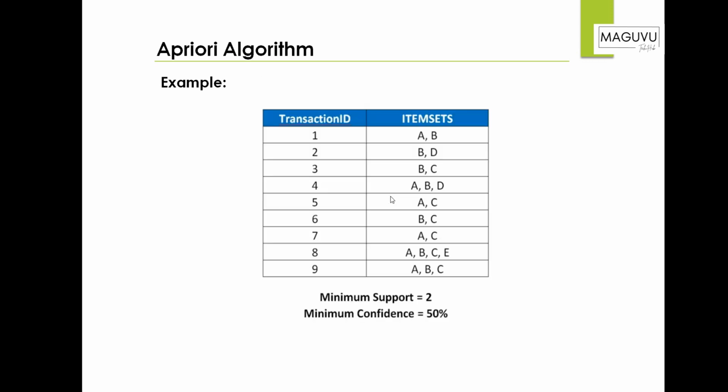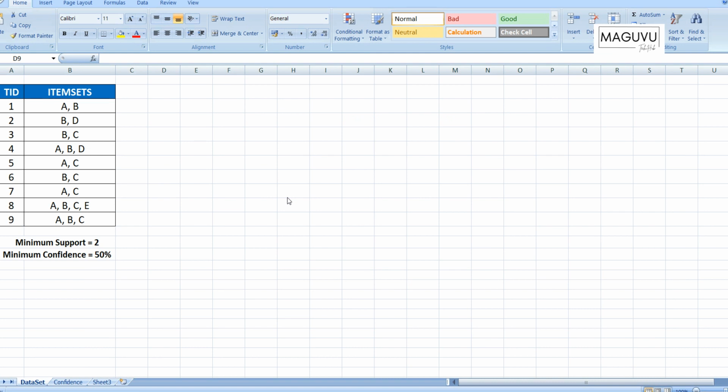Now let's take an example. This is where we are now going to do a numeric example calculation. Given our data set of transactions and the total number of transactions are 9, and those are the item sets in our transactional data set, with a minimum support of 2 and a minimum confidence of 50%.